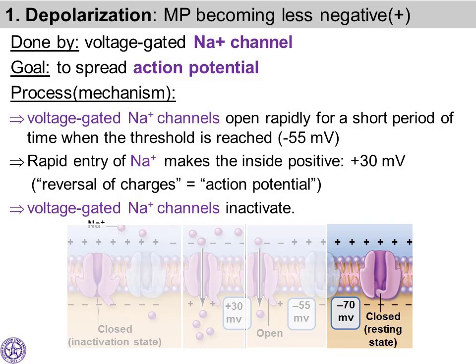And it has to happen very quickly. But it doesn't happen quick enough to hit 0. Enough sodium comes in to reach a positive 30, a more positive inside of positive 30. Okay? And that inactivated state of our sodium voltage gated channel is going to be extremely important in a couple of slides.